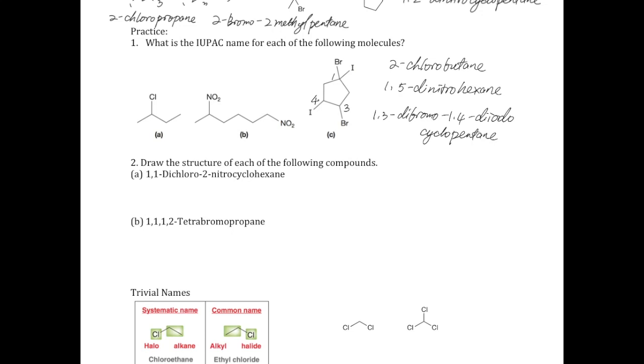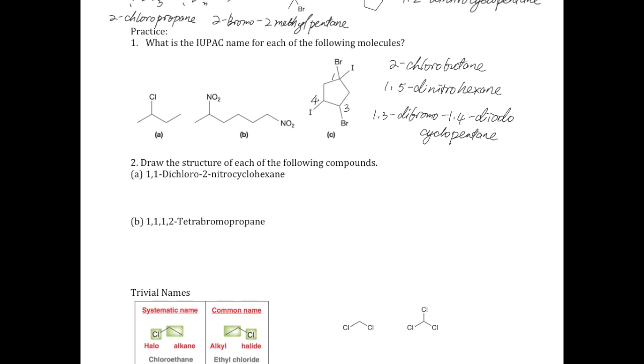All right, now let's look at another type of problem. So when the names are given to you, and you're asked to draw the structures, I would say most of the time this type of problem is a lot easier than giving you the structure and asking you to write the names.